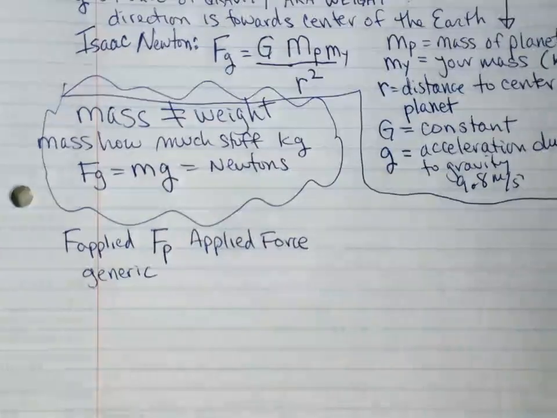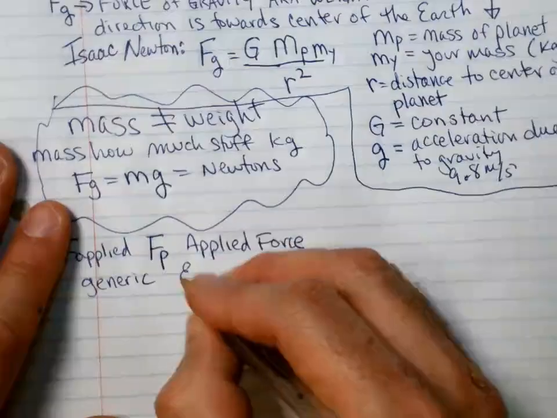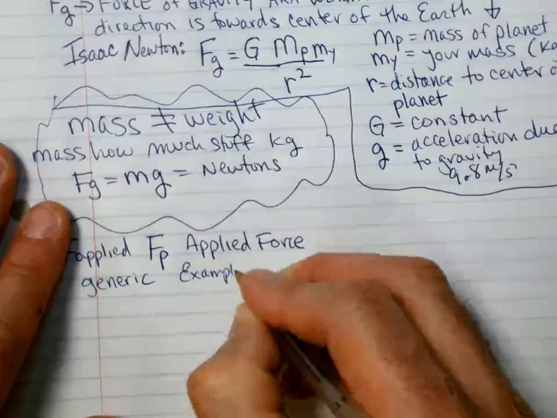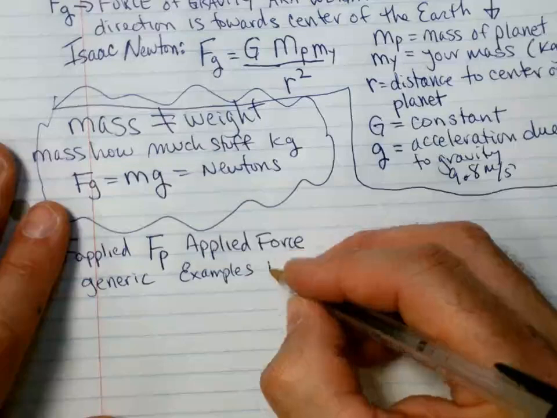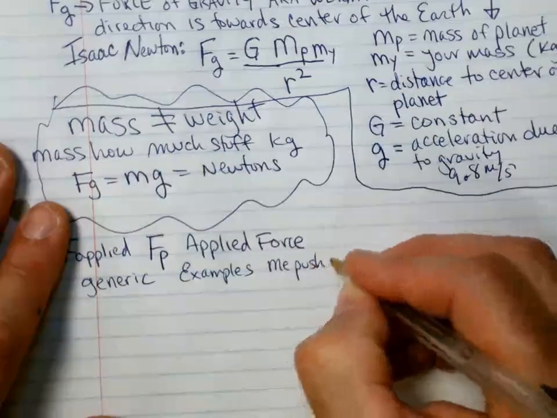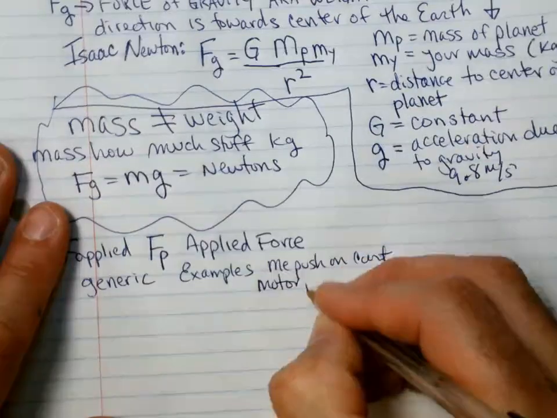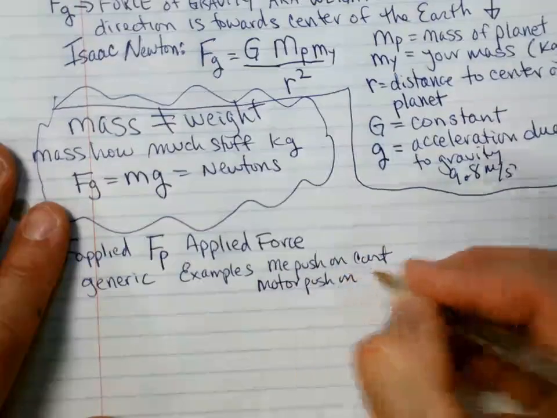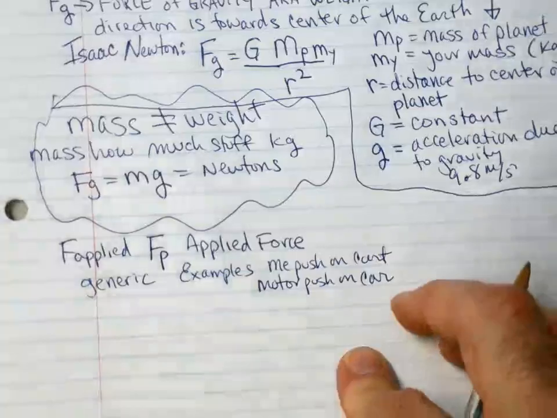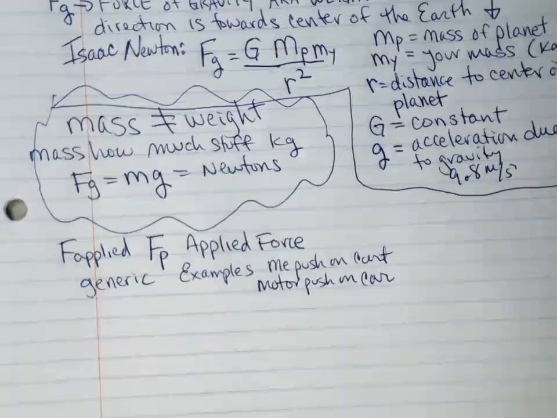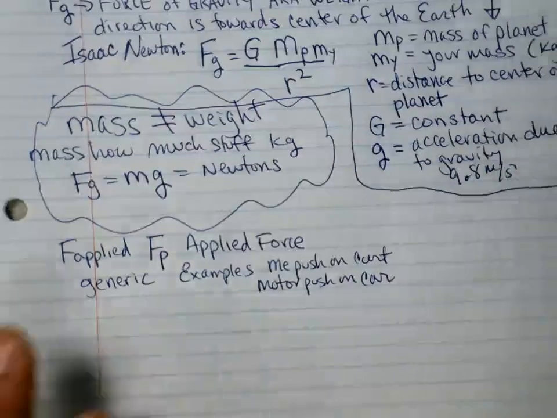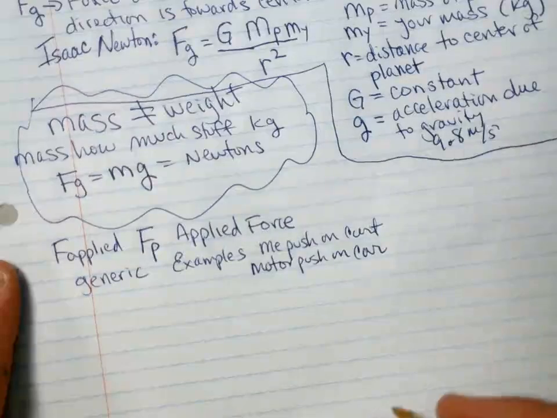If the motor in your car pushes your car, that's an applied force. So examples of applied force would be me pushing on a cart, a motor pushing on a car. Just any other type of force that's not called out and called something else that's pushing or pulling on something can be called an applied force. All right?